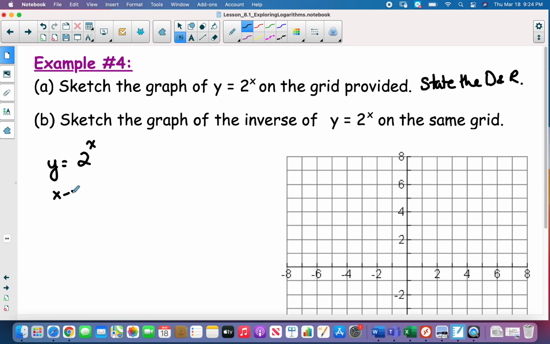We know that the x-intercept is the value of x when y is equal to 0.